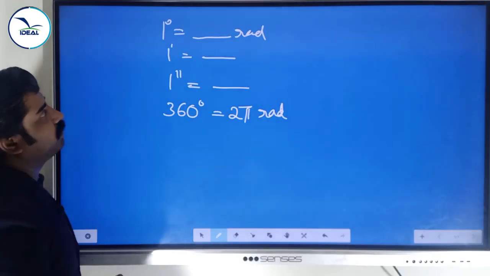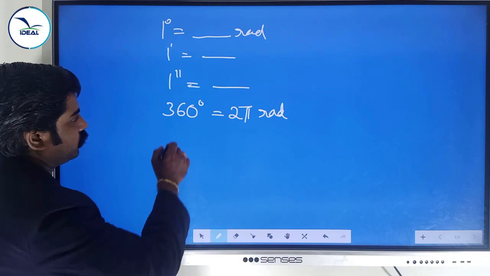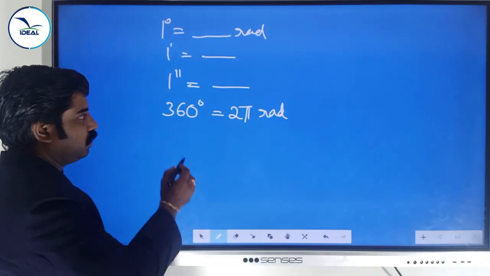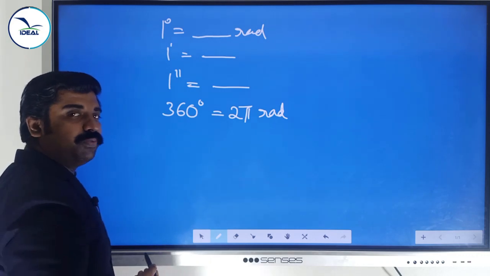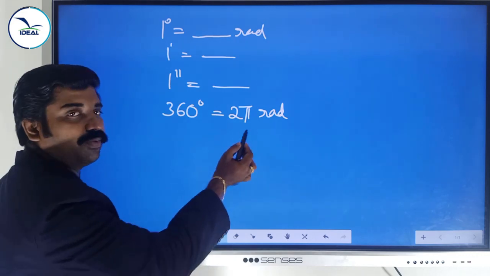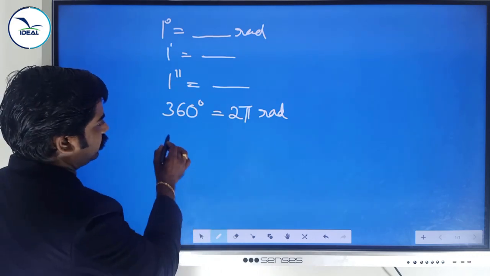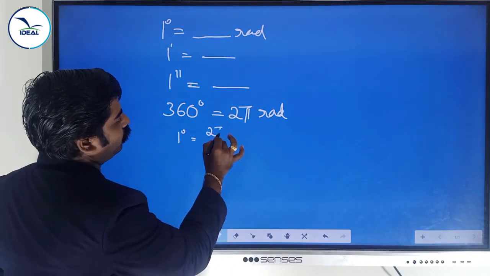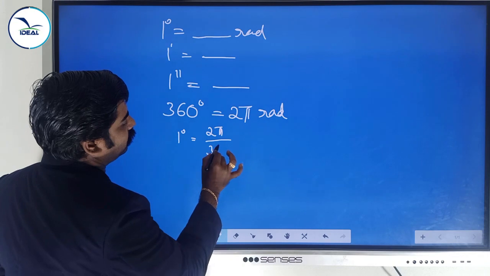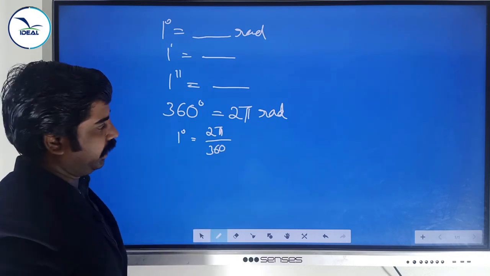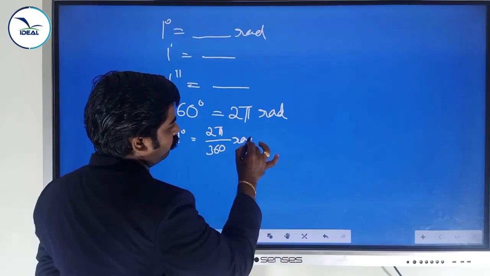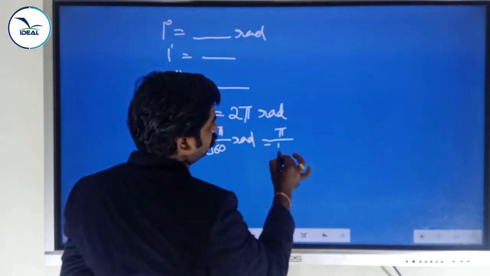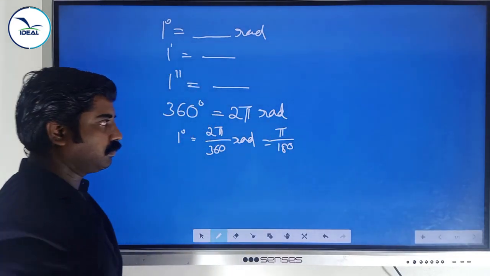So how we can find 1 degree first? Here 360 degrees equal to 2 pi radian. We want to get 1 degree, so we can just divide this equation by 360. So we will get 1 degree is equal to 2 pi by 360 radian, that's equal to pi by 180.